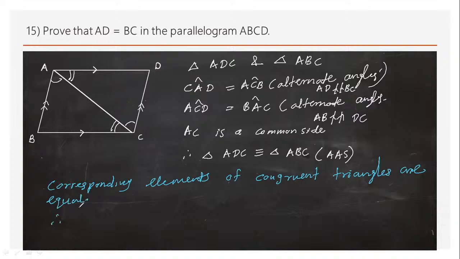Therefore, AD equals BC, right? Corresponding elements of congruent triangles are equal. Therefore, AD equals BC.